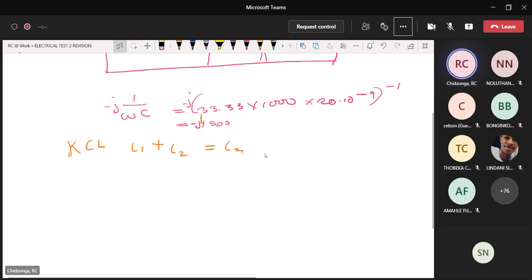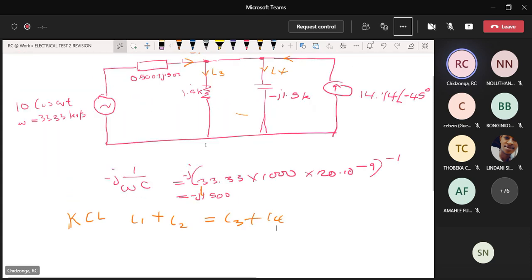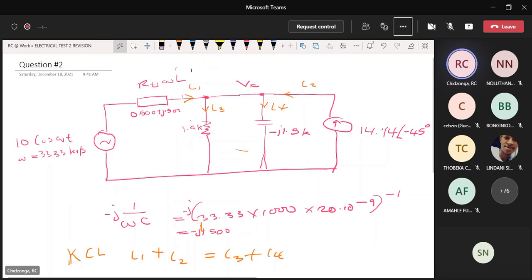So that settles that. The next thing is we just use Ohm's law. This current I1 is the voltage drop divided by the impedance. The voltage drop is going to be 10 angle 0, because that's the source, that's the voltage at this node here.